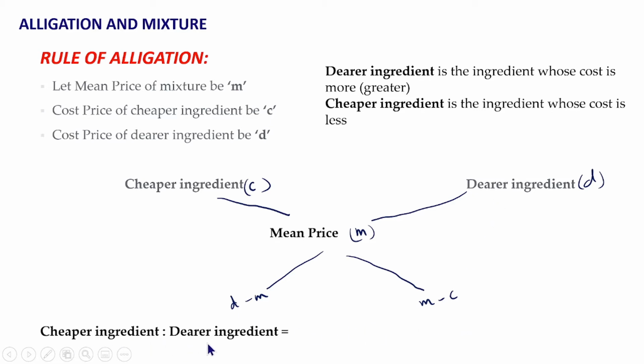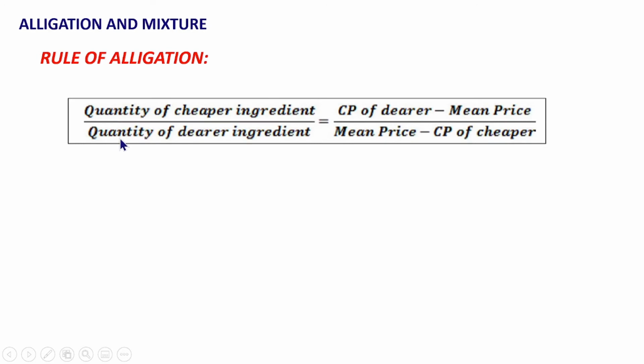So cheaper ingredient is to dearer ingredient is equal to D minus M is to M minus C. The rule of alligation gives the ratio in which we have to mix the cheaper and dearer ingredient to obtain a final mixture at the desired mean price M. Or we can remember the formula: quantity of cheaper ingredient upon quantity of dearer ingredient is equal to cost price of dearer ingredient minus mean price upon mean price minus cost price of cheaper ingredient.